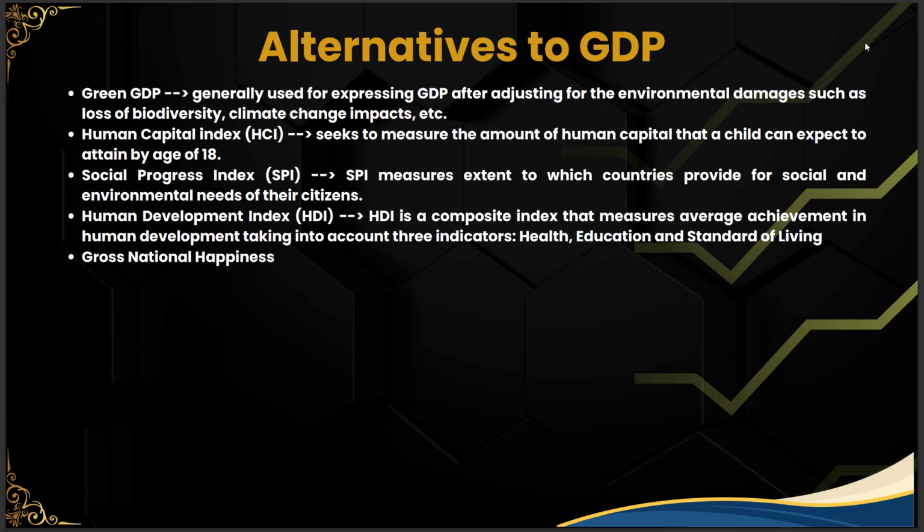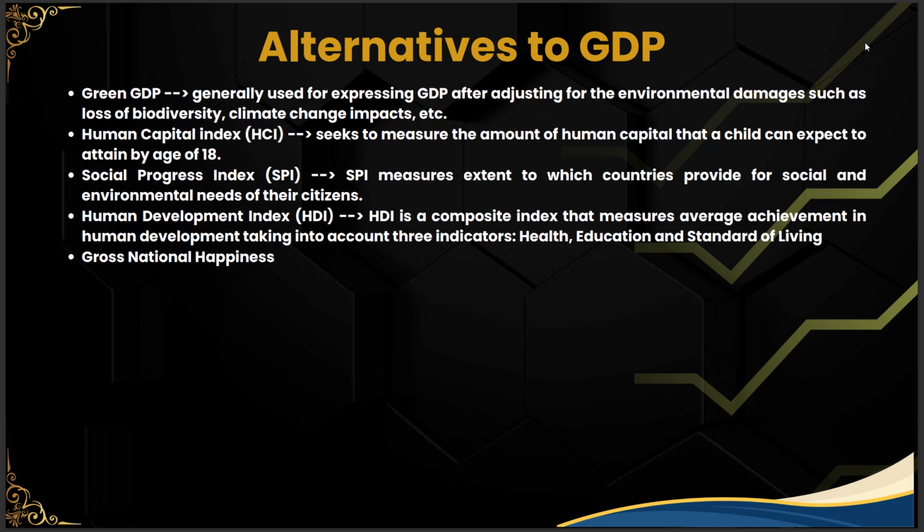Next is the quality. It is measured by the performance in tests conducted by the major international student achievement testing programs. Next is health, another component. It is measured using two indicators, that is adult survival rates and the rate of stunting for children under the age of 5 years. So we should all know that India stood in 116th position among 174 countries in the Human Capital Index report of 2020.